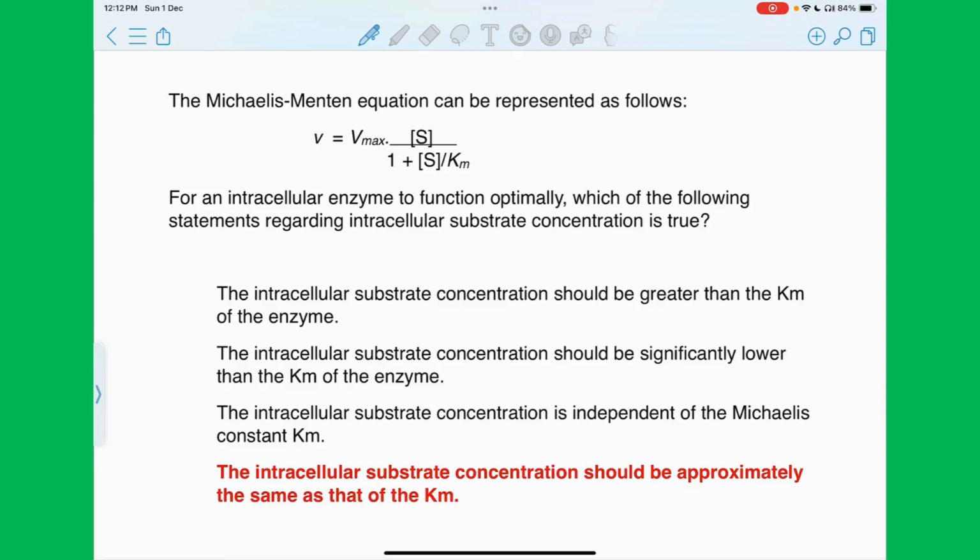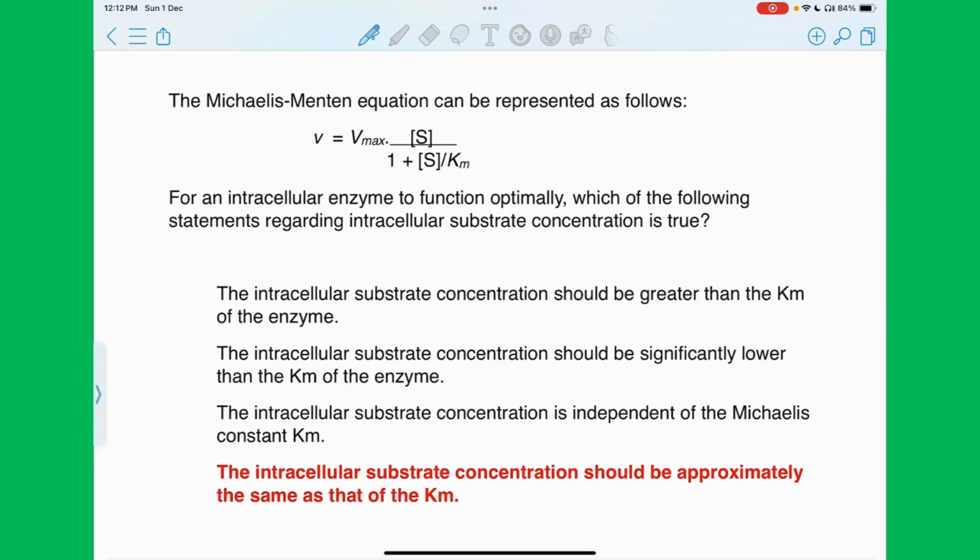The Michaelis-Menten equation can be represented as follows. For an intracellular enzyme to function optimally, which of the following statements regarding the intracellular substrate concentration is true? Okay, this Michaelis-Menten equation was prominent in the 2024 paper and also in the 2023 question.